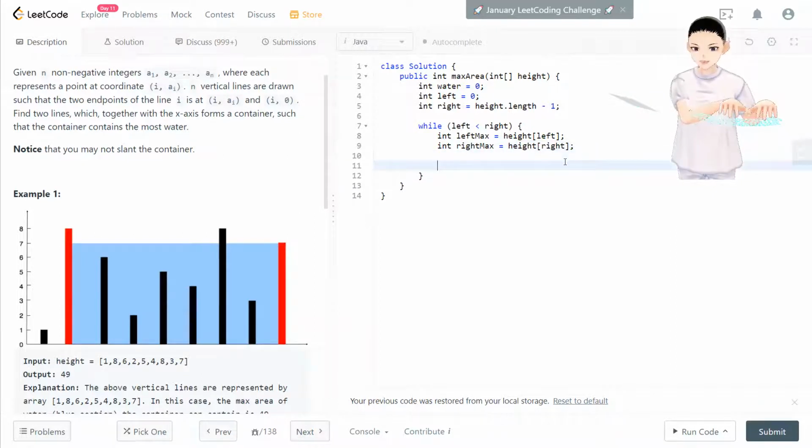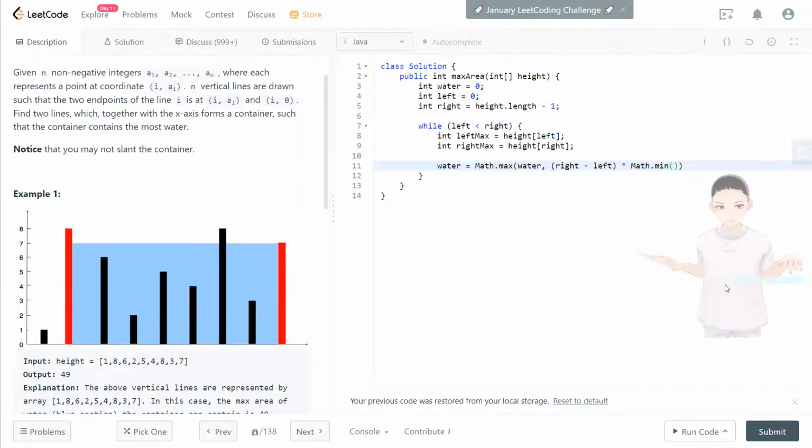After that, we check water equal to max of water, and how to calculate how much water we have is right minus left, which is this distance right here, times the height, the minimum height of left max or right max.